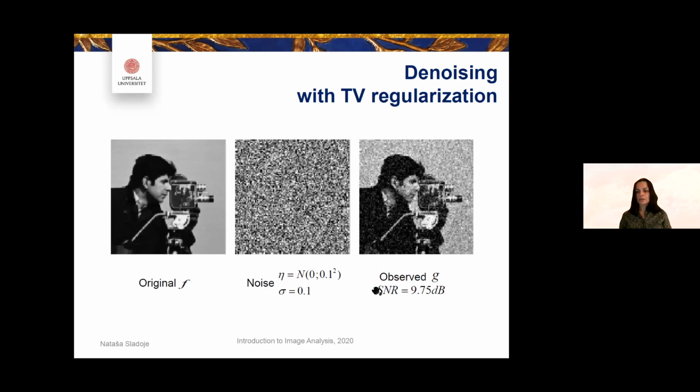I can also measure the quality of this image by expressing its signal to noise ratio, and that one is 9.75 decibels. We know that that is not a very good image because we talked about desired values which certainly exceed 20 to be called acceptable quality. Okay, so I work with this image, and I would like to get as close as possible to the original in my restoration.